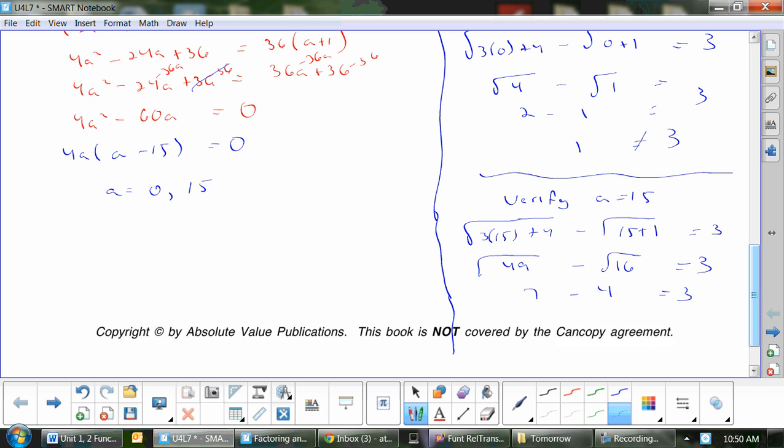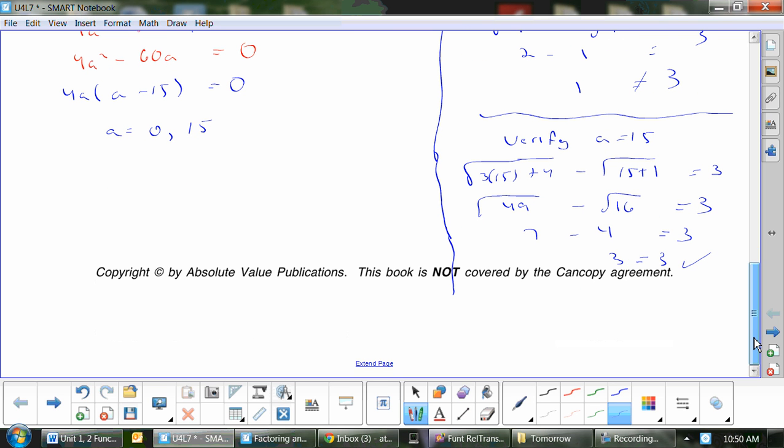Ooh, this looks good. 3 equals 3. Yes. So always finish with a equals 15 with a box around it. I know that is someone that knows their stuff. Question.